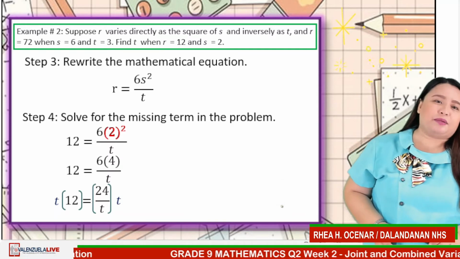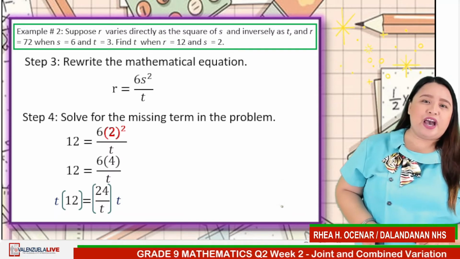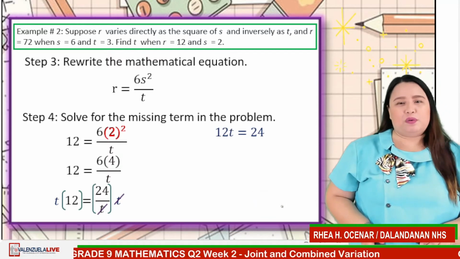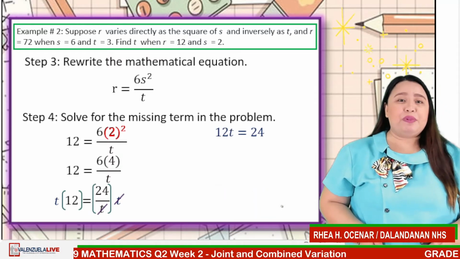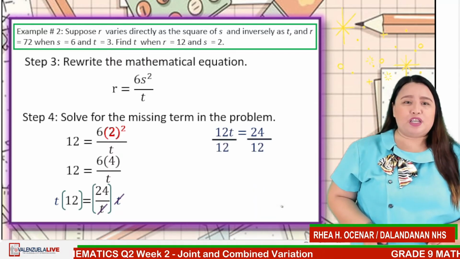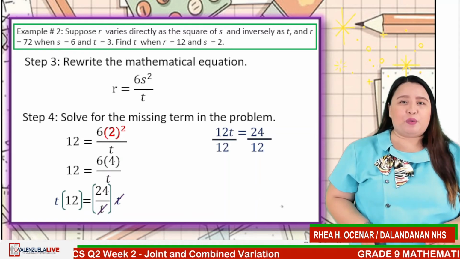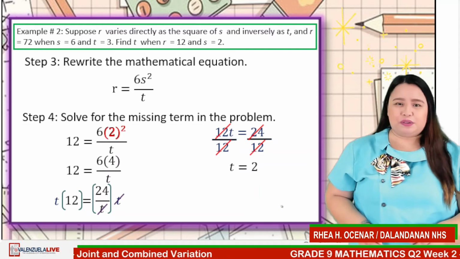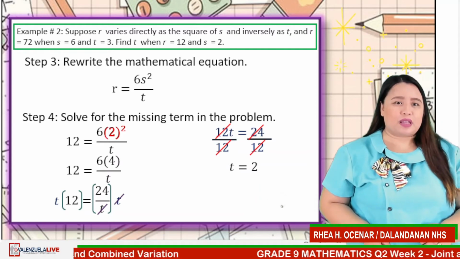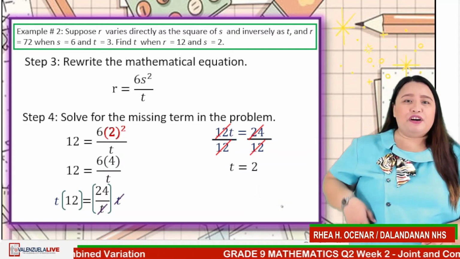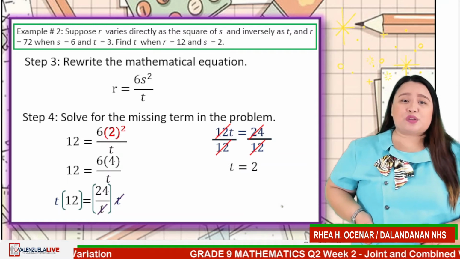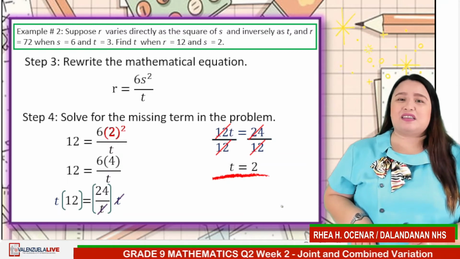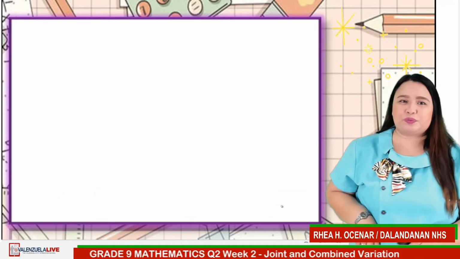Multiply both sides by t, we have 12t is equal to 24. Applying the multiplication property of equality, we have t is equal to 2. Hence, the value of t is 2 when r is 12 and s is 2.